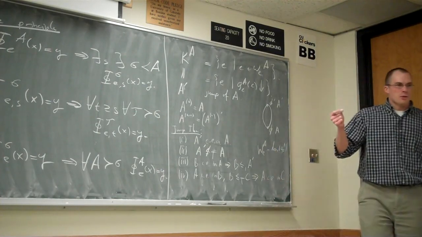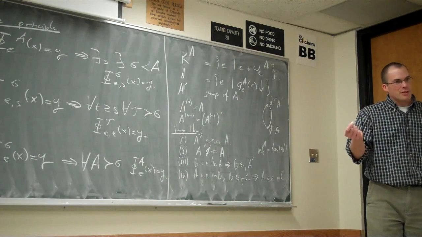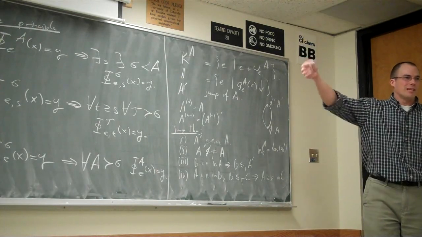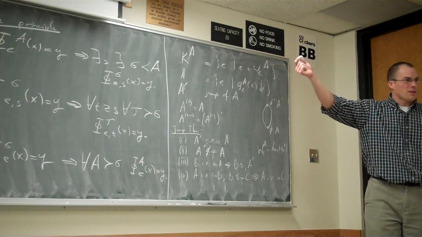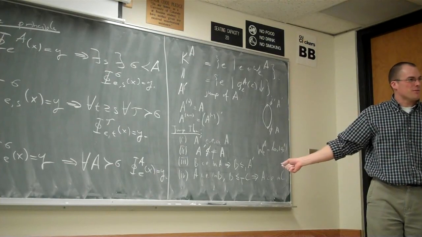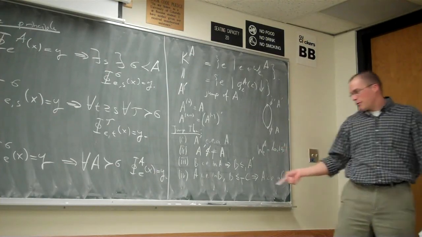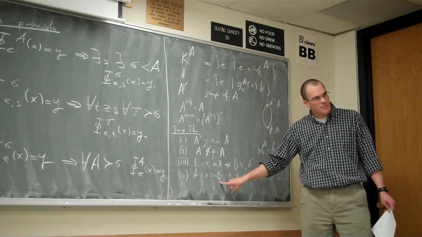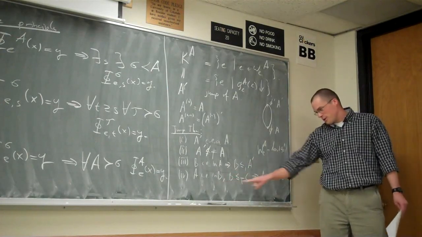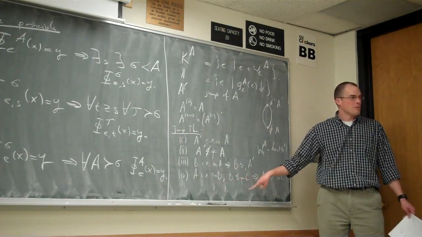We certainly already observed that if you're computable in something, then you're computable in anything that has more information in it. And so this observation is the same observation now for computably enumerable. If you're computably enumerable in something, then you're also computably enumerable in anything that has more information.